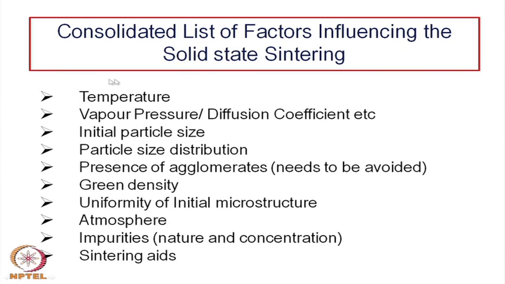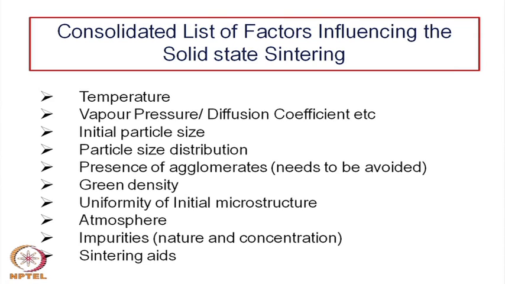The most important factor, of course, is the temperature, as we have mentioned while we were discussing the rate equations. The temperature, although it is normally in the denominator, the numerator has a term, either the vapor pressure or the diffusion coefficient. These are exponential functions of temperature, and therefore those parameters actually dominate so far as the temperature effect is concerned.